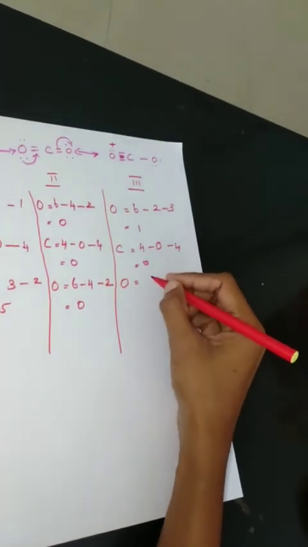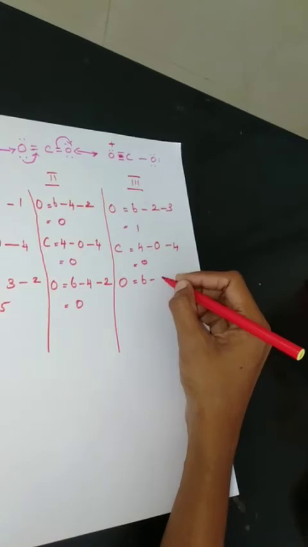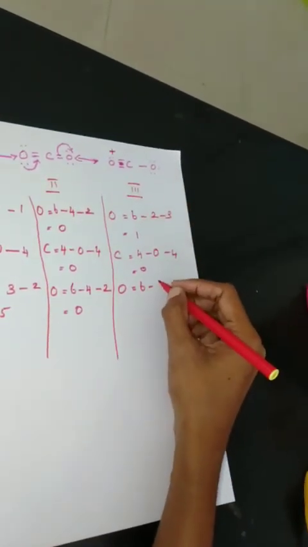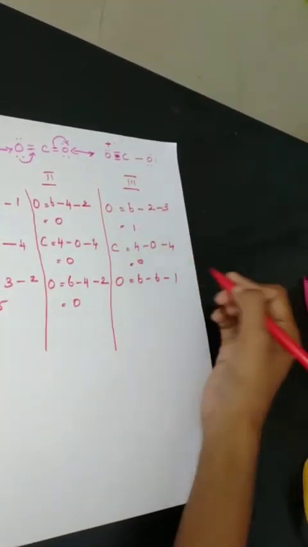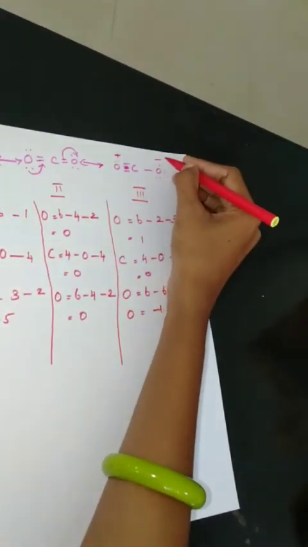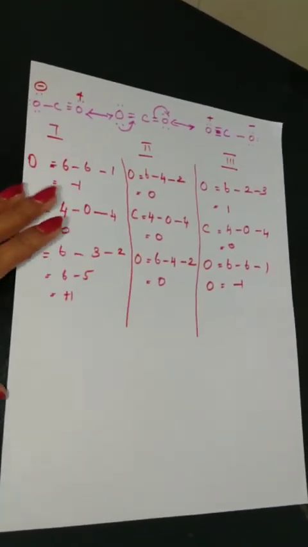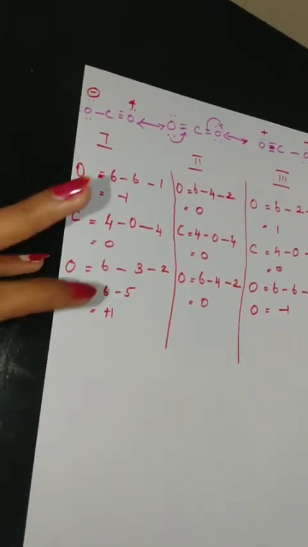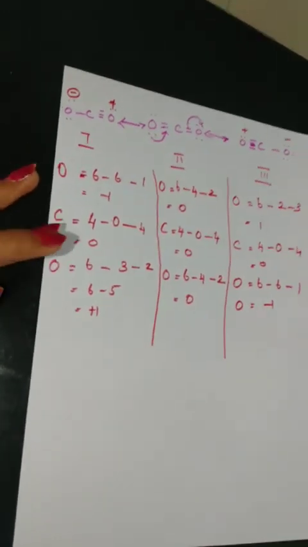Next oxygen. Oxygen's valence is 6 minus the lone pair electrons, 6, and there is only one bond. So oxygen is equal to minus 1. So here we put a minus charge. So this is how we put charge. This is how charge should be put for a structure. So what is needed for that? Valence is needed. Next, how many bonds there are, and next how many lone pairs of electrons there are.